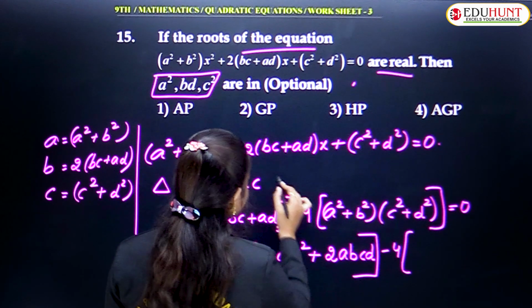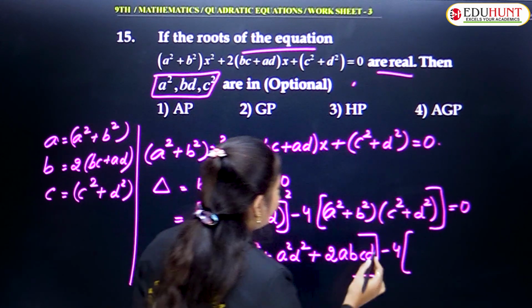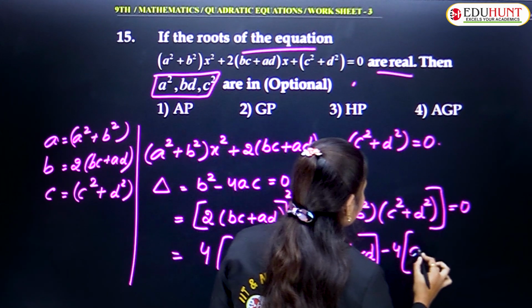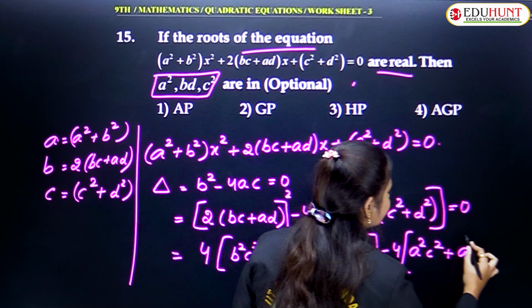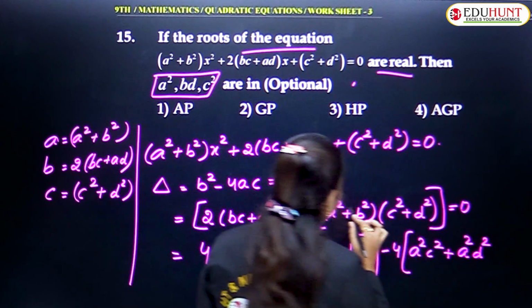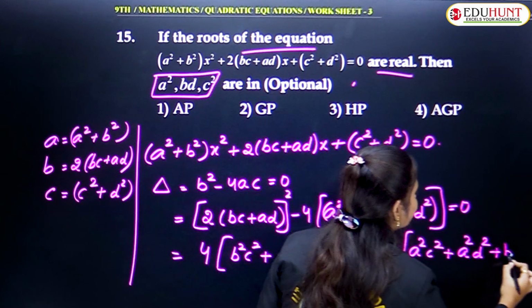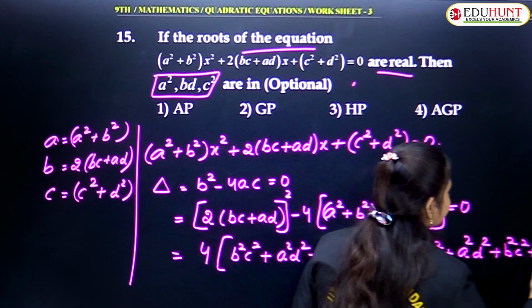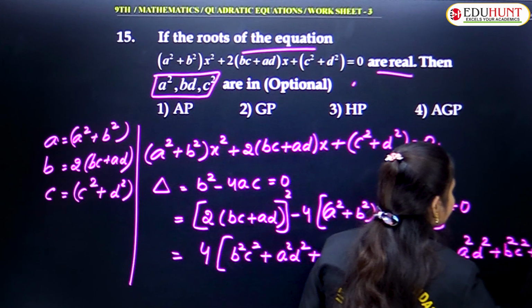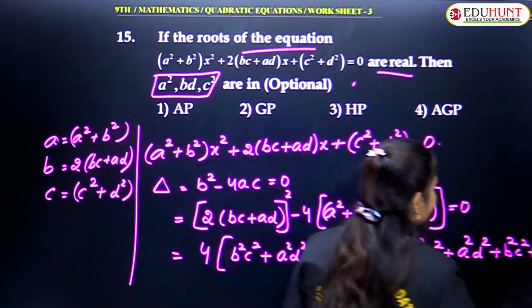So just do the multiplication: a square c square plus a square d square plus b square c square plus b square d square, which is equal to 0.